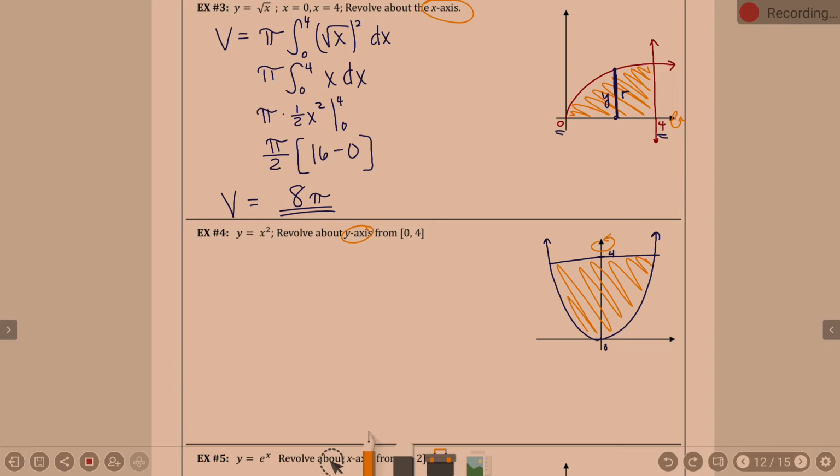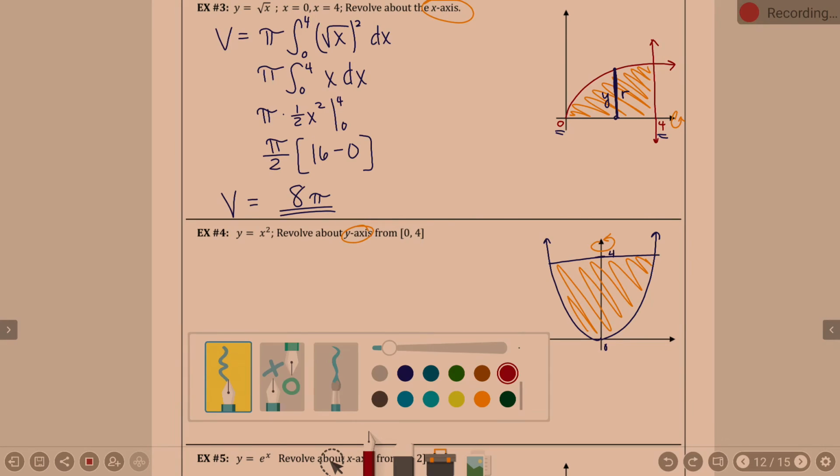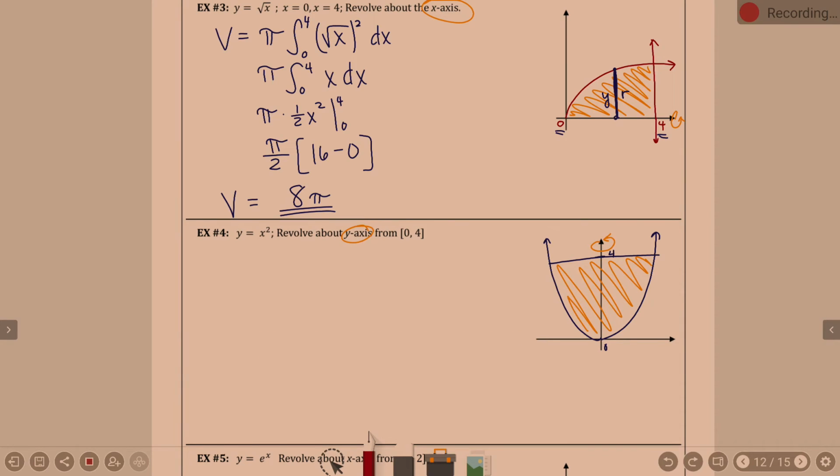And because it is rotating about the y-axis, this time my piece is horizontal, yes? Now, I could draw in that whole horizontal piece, can't I? But when we're rotating that about, it's rotating on top of itself. So we're still only really talking about that piece there as being our radius.